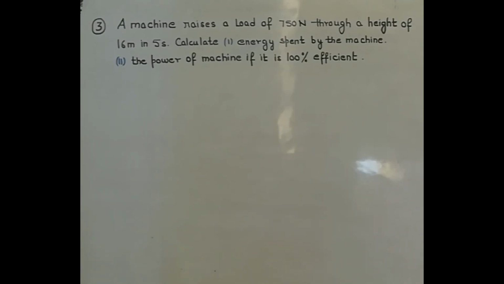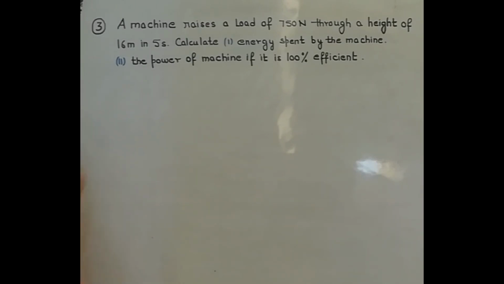Numerical number 3 says a machine raises a load of 750 Newton through a height of 16 meter in 5 seconds. Calculate energy spent. Now for energy we know that it is the capacity to do work. Means if you calculate work done, that will be the energy spent. So here we have to calculate the energy spent.